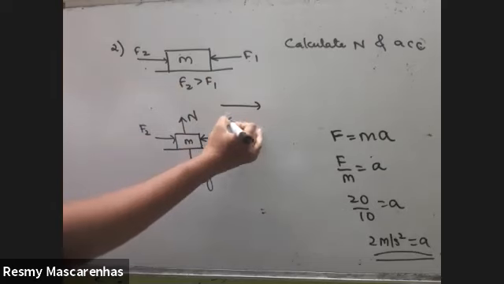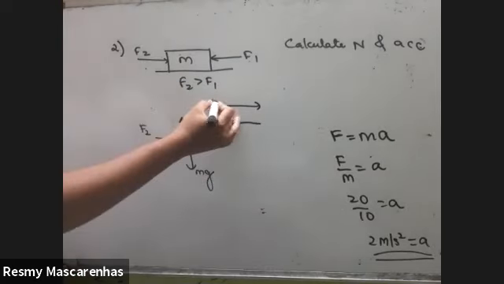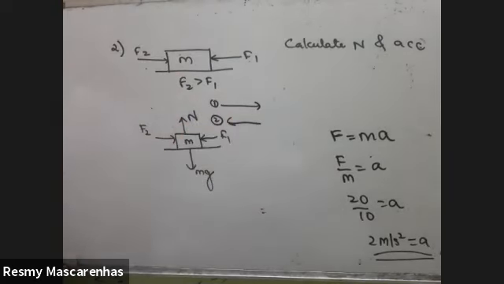First case or the second case? F2 is more than F1. Acceleration is always along the direction of the moving object. So which side will the object be moving and which side will be the acceleration? First case or the second case?